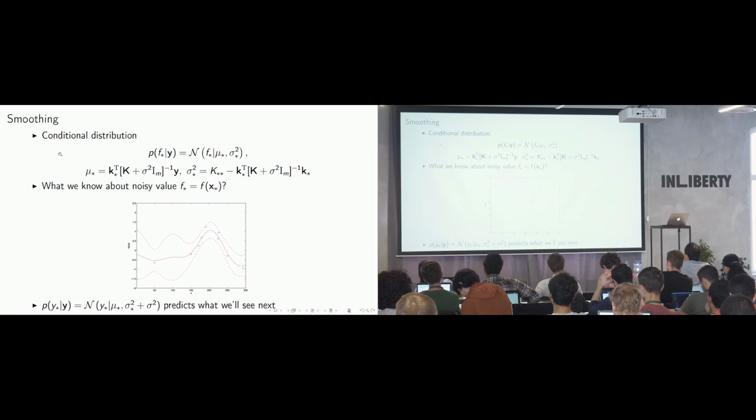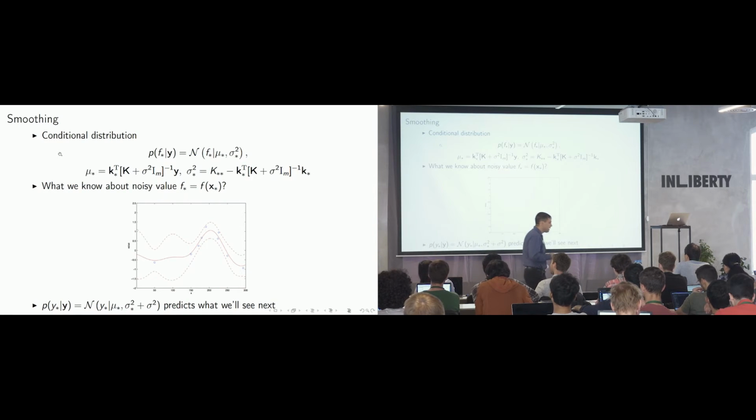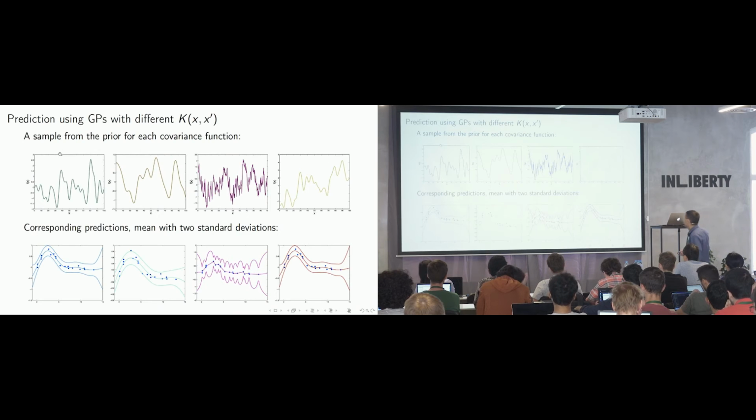Although this model is a Bayesian model, and in some sense non-parametric, still we have some hyperparameters in it, namely parameters of the covariance function and noise variance. And in a minute, I'll explain how these hyperparameters can be obtained.